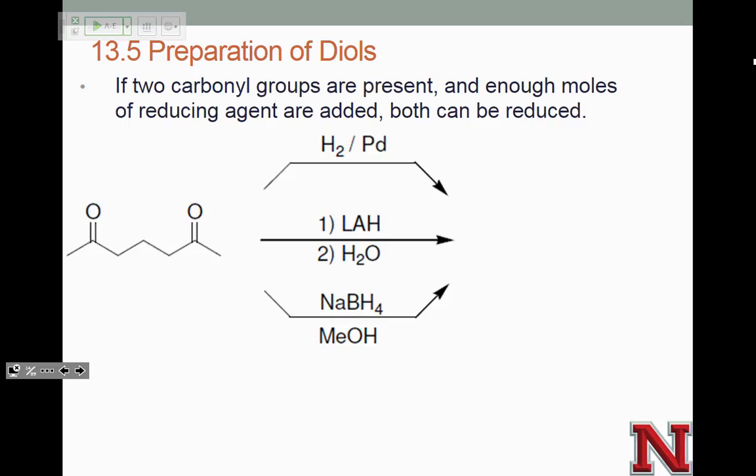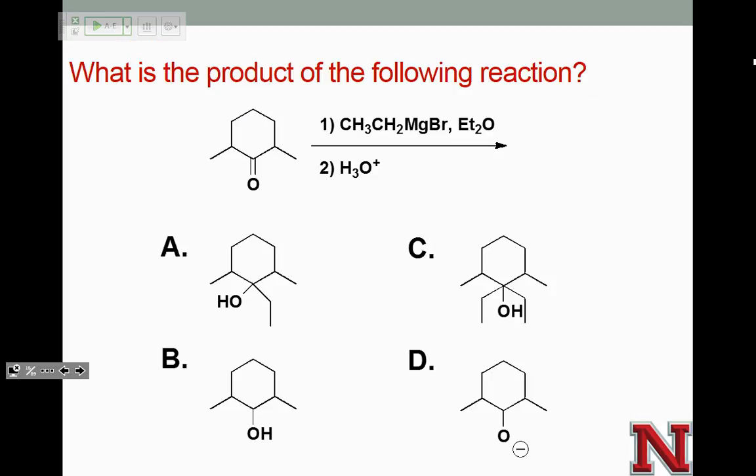Of course, if we start with 2 ketones or 2 aldehydes, we can form a diol with these reducing agents that we just discussed. So we can form diols that way as well. The next reaction we're going to talk about is reacting our C double bond O with a carbon nucleophile.